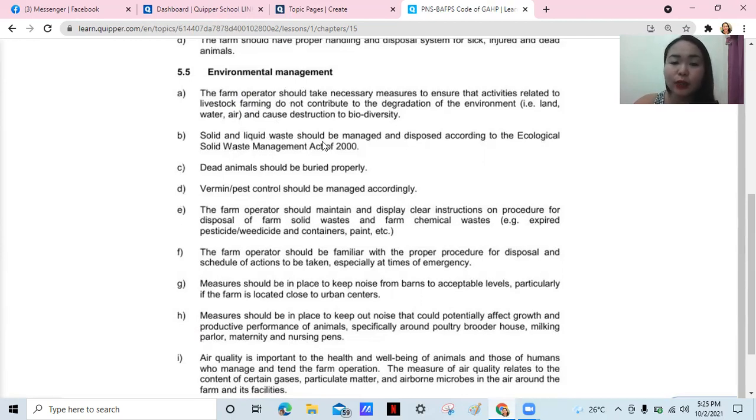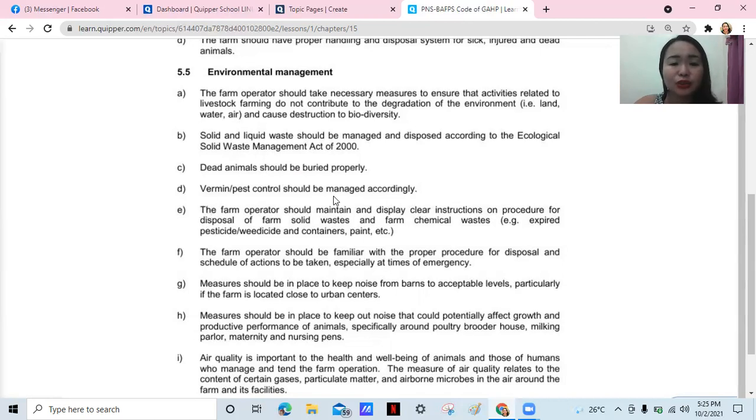And solid and liquid waste should be managed, disposed according to the Ecological Solid Waste Management Act of 2000, no, to preserve the cleanliness of our environment. And dead animals should be buried properly. No? Some of us might still eat the dead, no? Of course, freshly dead animals. But it's not really recommended because we don't know the cause of the death or whatever.